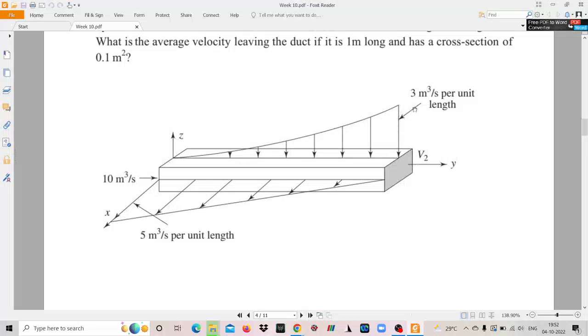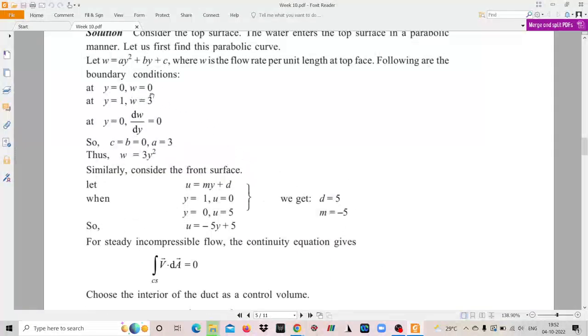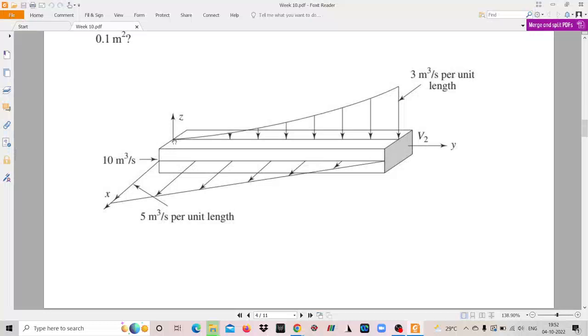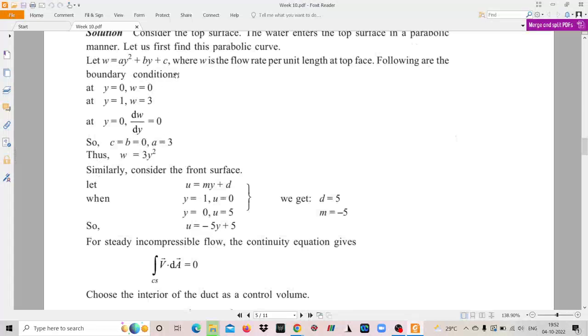At y equal to 1, the length being 1 meter, w equal to 3. And at y equal to 0, the gradient with respect to y is also 0. So three equations, three unknowns, you can solve to get the values of a, b and c. So c and b came out to be 0, a equal to 3, so w equal to 3y square.